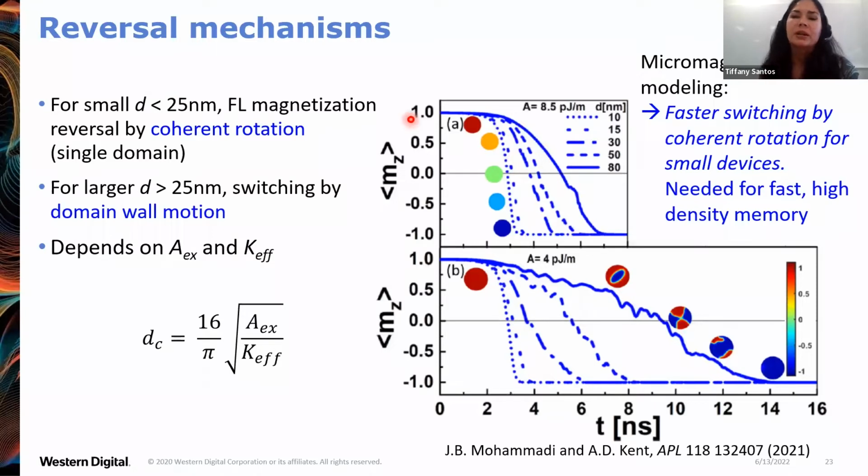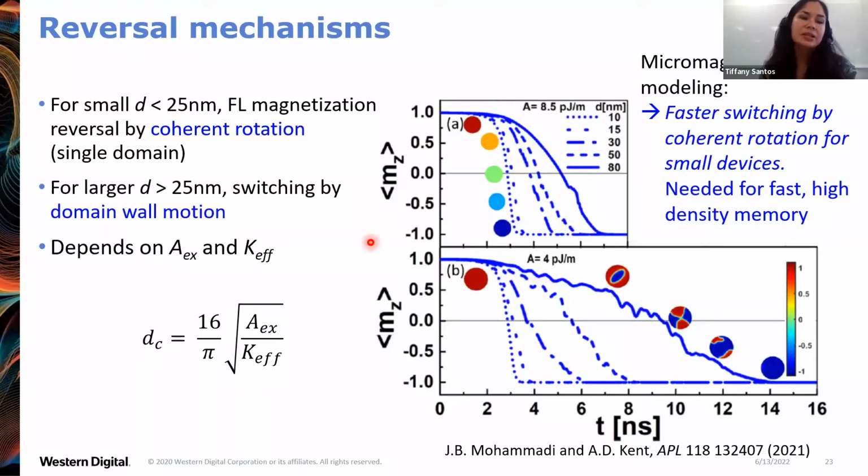This is a micromagnetic simulation showing these reversal mechanisms. For example, here you start out with red, all of the spins pointed up in this perpendicular junction. To flip, they rotate together as a single domain till they're all pointed down, indicated by the blue color.